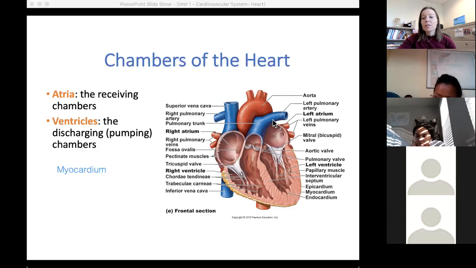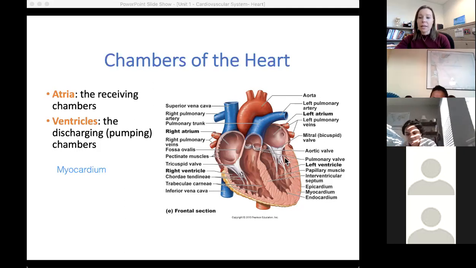So here's the pulmonary trunk. Here's the one pulmonary artery, going to the left lung. The other one comes out over here, going to the right lung. So that's sending this deoxygenated blood to the lungs because that is where this blood can go to pick up oxygen. Okay.